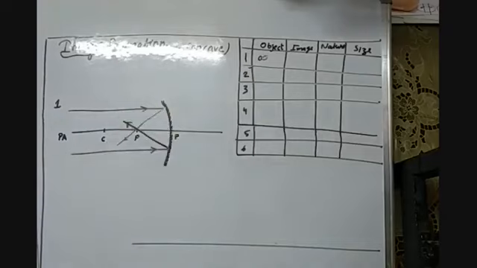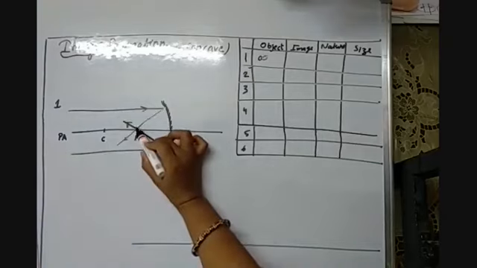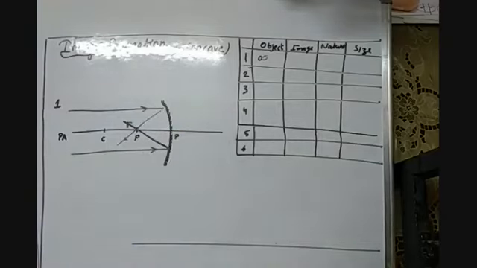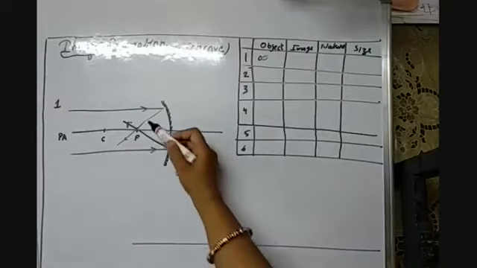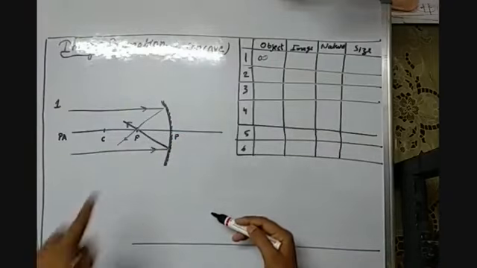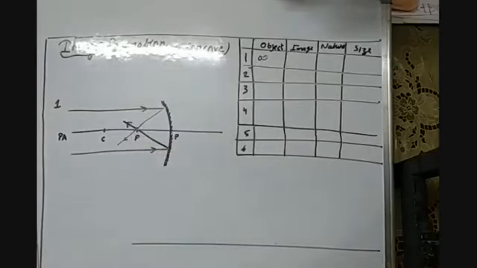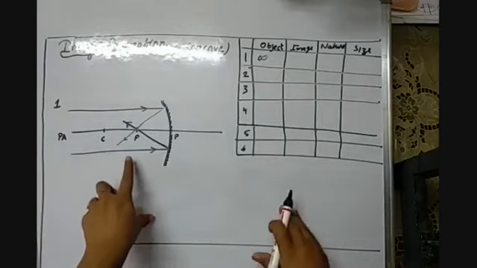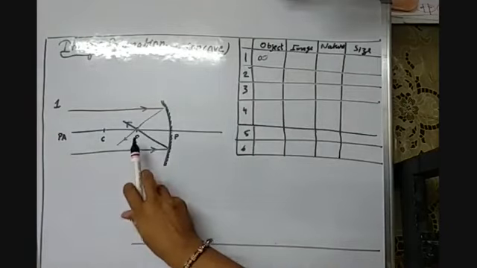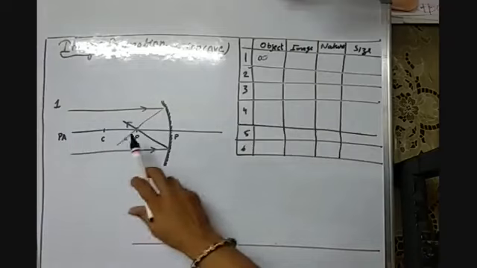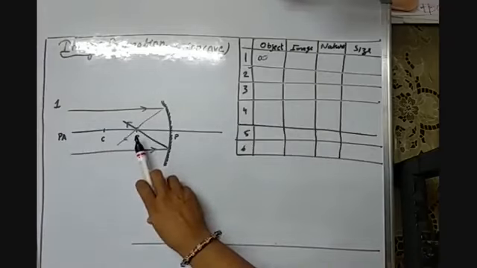So here at the focus point we are getting a cross section or a meeting point of 2 reflected rays. So the image of the object which is placed at infinity is formed at the focus.